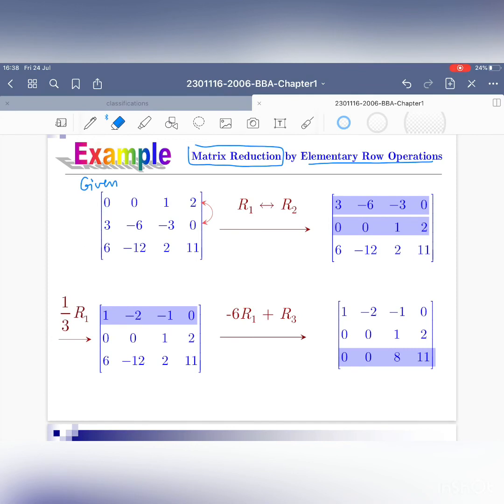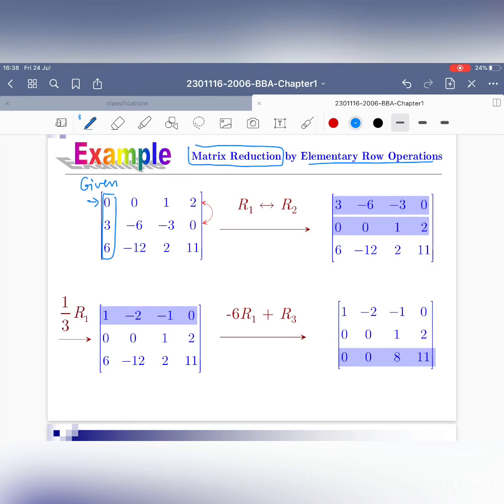So what you usually need to do is look at each column first, from your left to your right, and usually the first position of your first column must be non-zero if you can.